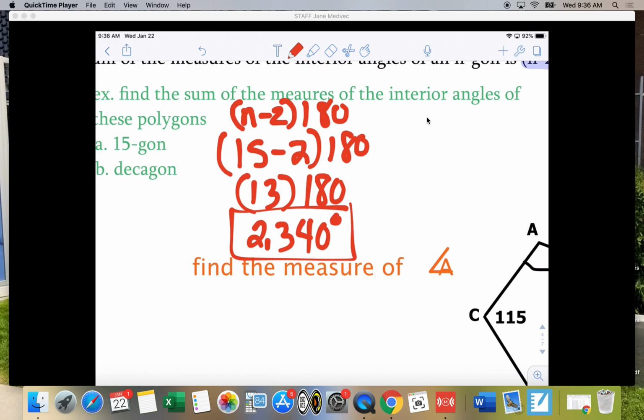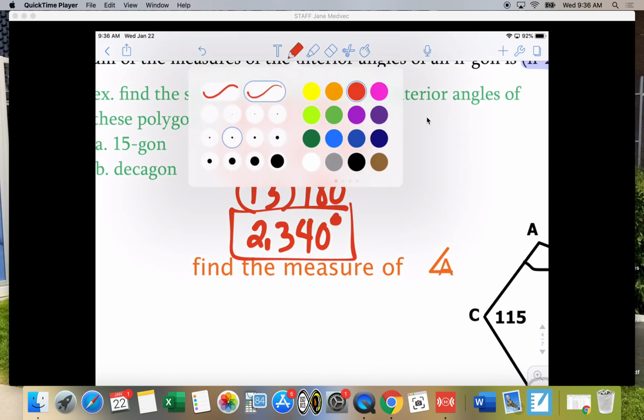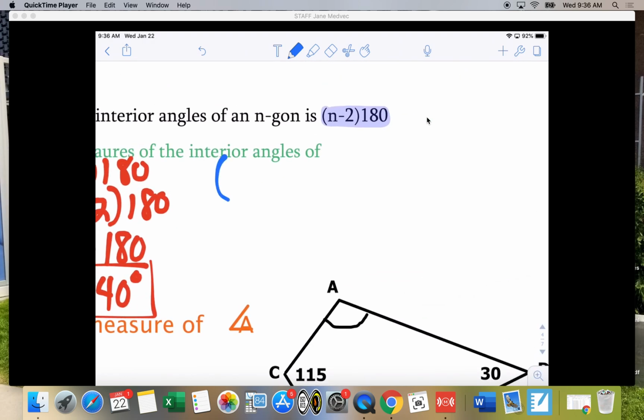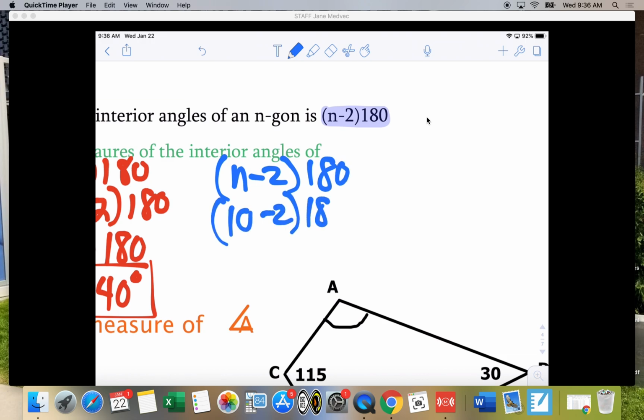Okay? All right, decagon. How many sides is a decagon? 10. Yep. So I'm going to grab that again. N minus 2 times 180. Plug in my 10. Subtract.